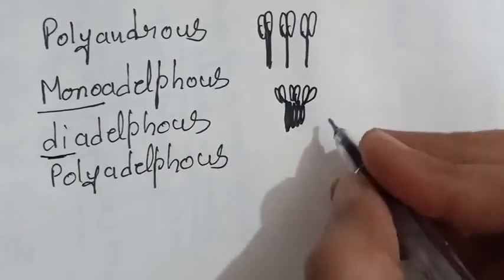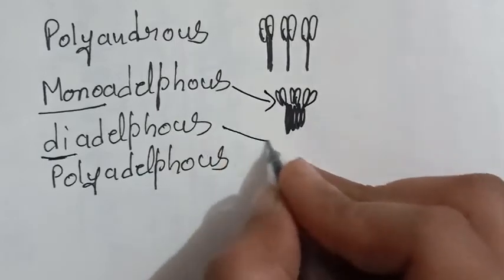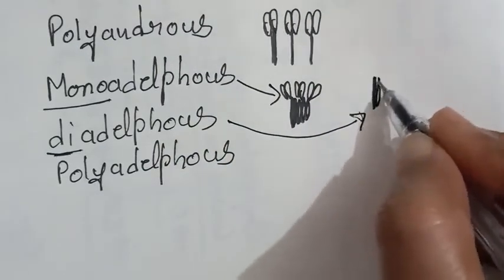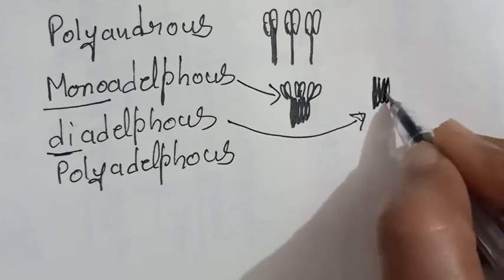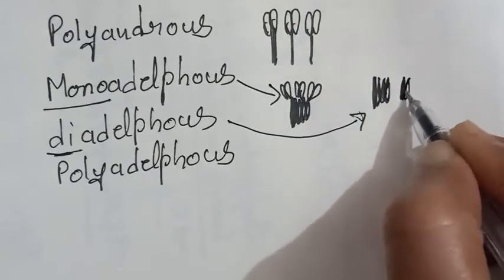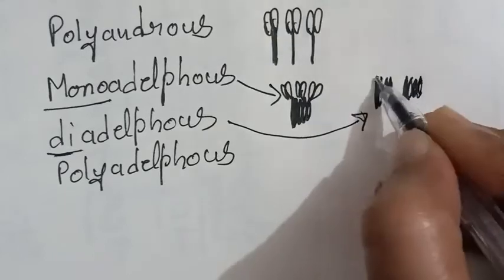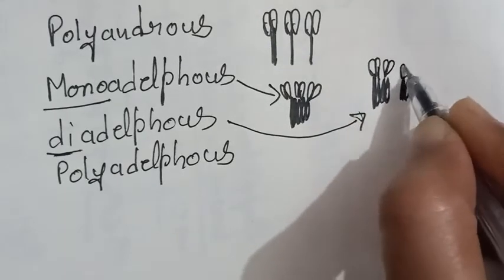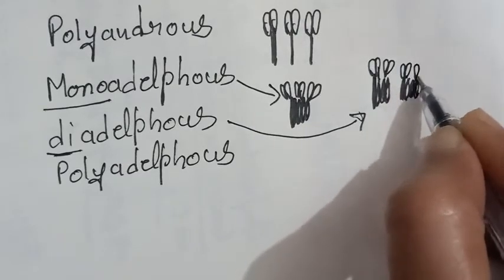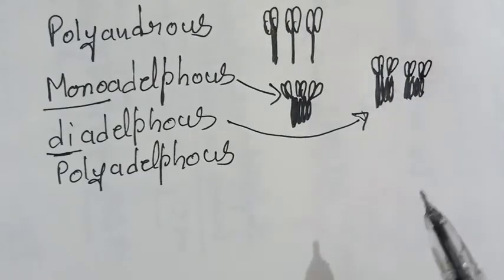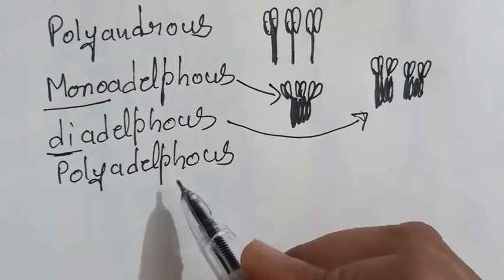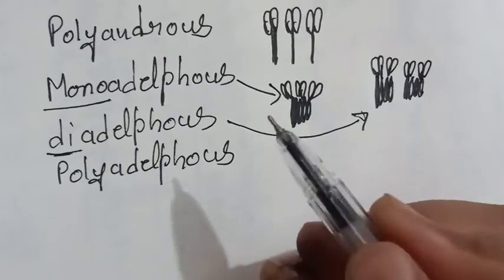Di means double, so in the diadelphous case, the filaments are fused into two staminal tubes, like this, but their anthers are free from each other again. And then the polyadelphous form, the filaments of stamens unite to form more than two bundles.